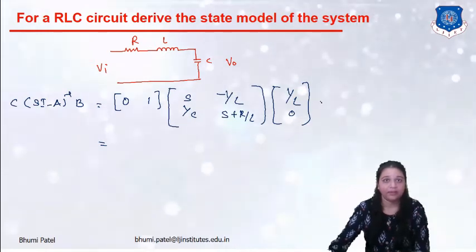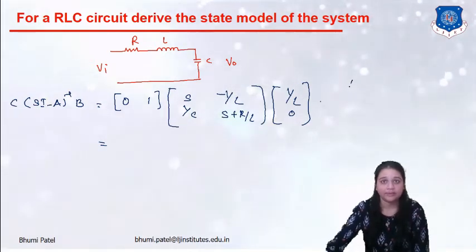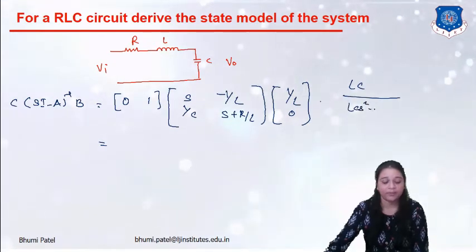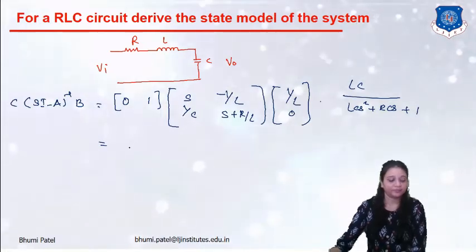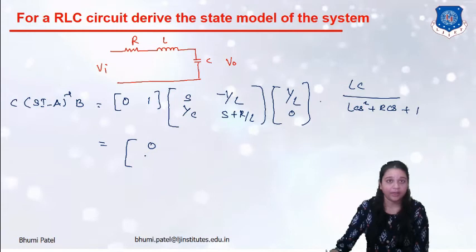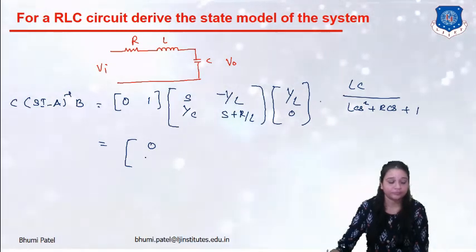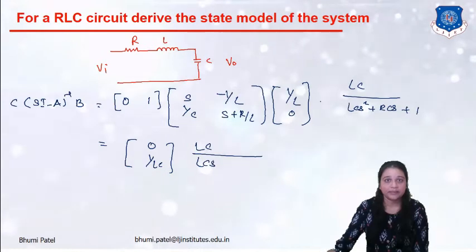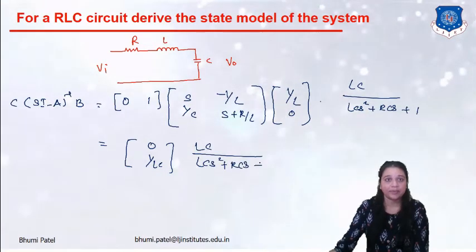and multiply with LC upon LCS square plus RCS plus 1. So we can get 0 and 1 by LC, and multiply this LC into LCS square plus RCS plus 1.